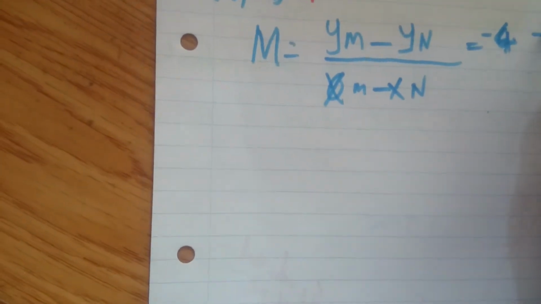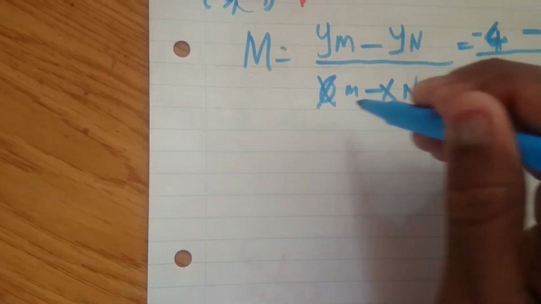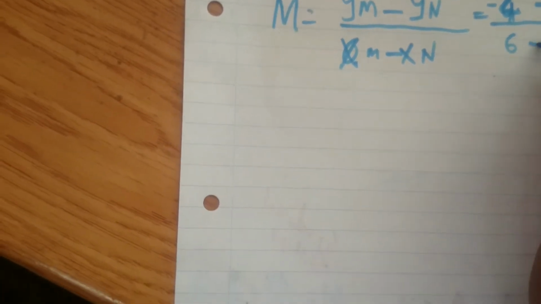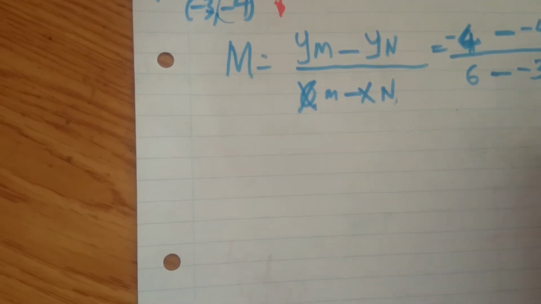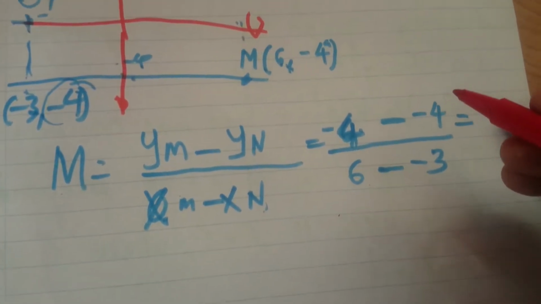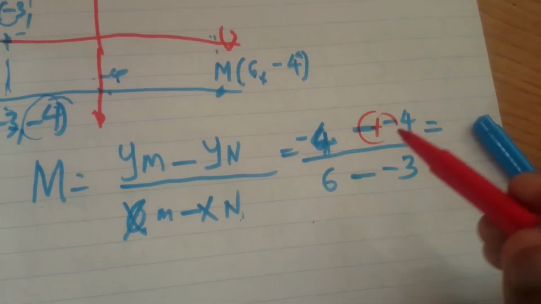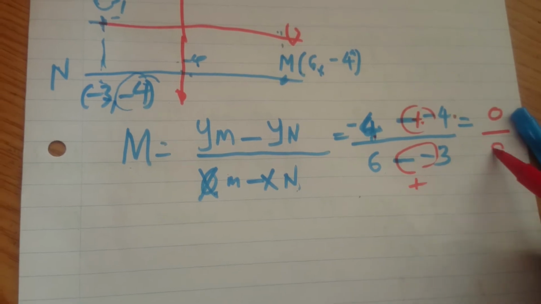So y at M, -4, minus y at N, -4, over x at M, 6, minus x at N, -3. This is going to give us a plus here. So -4 plus 4 equals 0, and the denominator gives us plus 9.